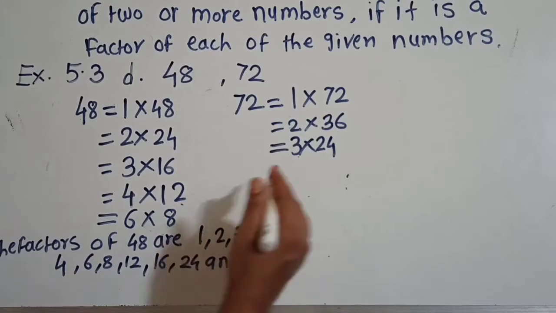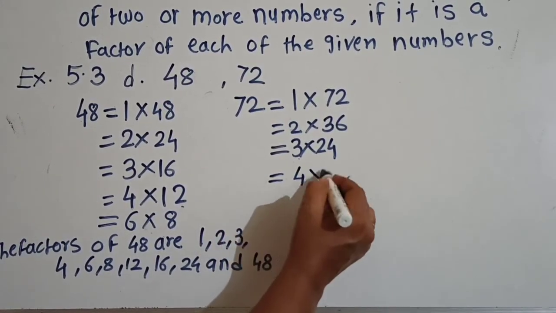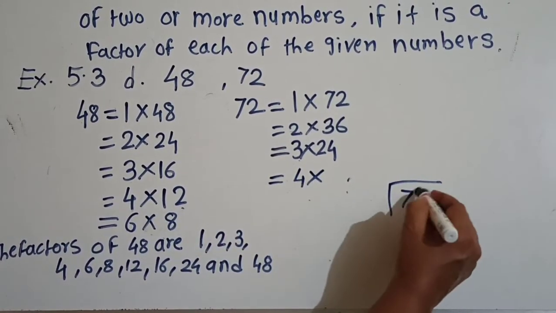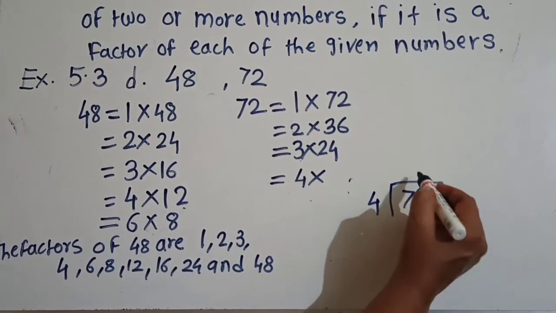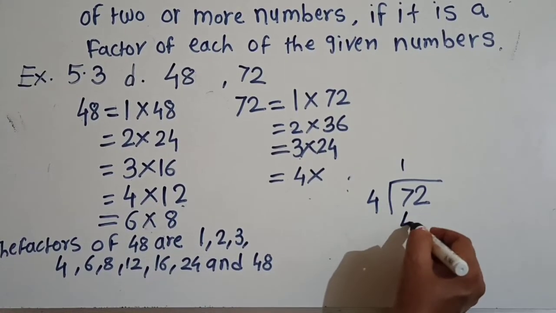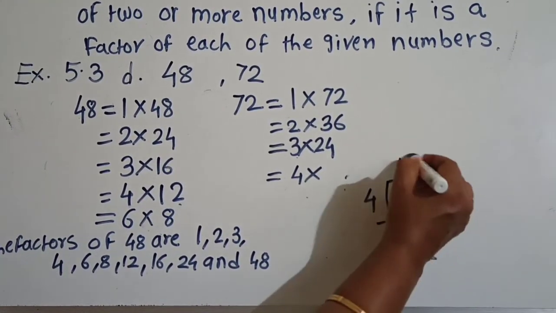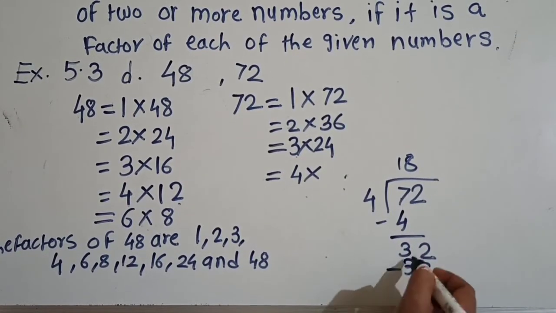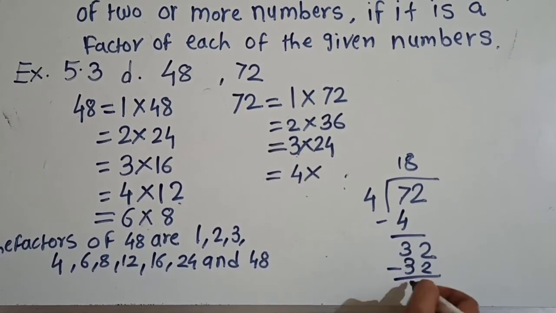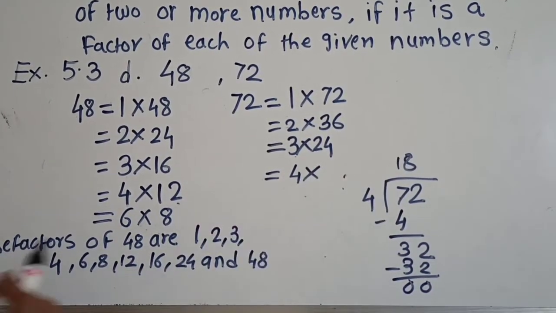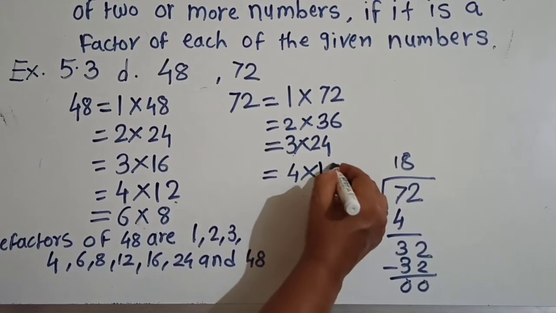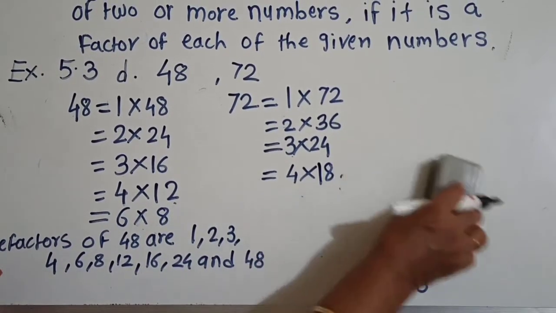Then children, 4. Let's see, is 4 a factor of 72 or not. 4 1s are 4. 7 minus 4, 3. And 4 8s are 32. Yes, children, this 4 is also a factor of 72. Means 4 18s are 72.